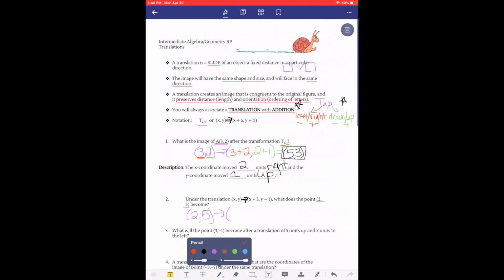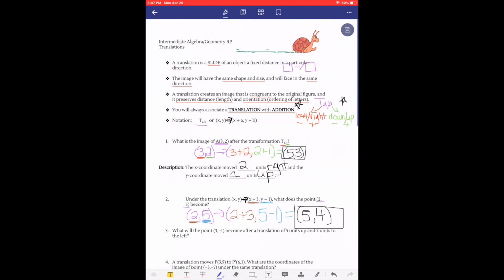The y is 5. So we're going to bring down a 5. And then it was y minus 1, 5 minus 1. Equals. So 2 plus 3 is 5. And 5 minus 1 is 4. So 5, 4 is your answer for number 2.